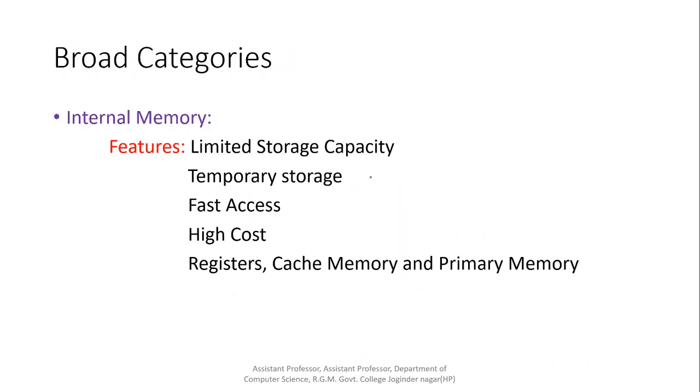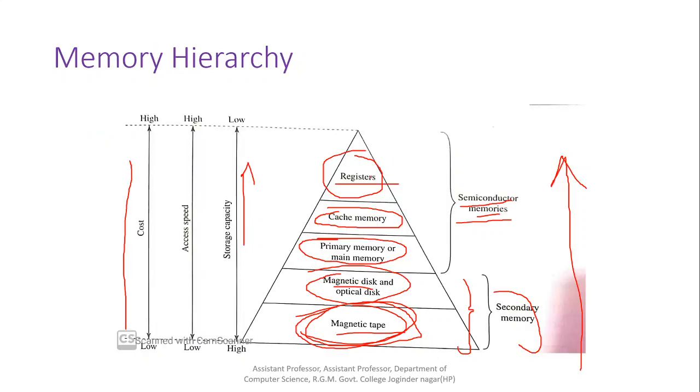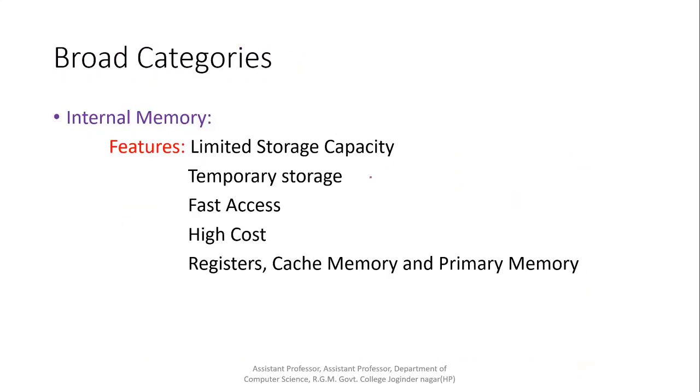When we divide this memory hierarchy into broad categories, then we have two broad categories. One is internal memory and the other is secondary memory. The main features of internal memory: they have very limited storage capacity. They have temporary storage, meaning they are volatile in nature, so when power goes off, all the data is removed from this kind of memory.